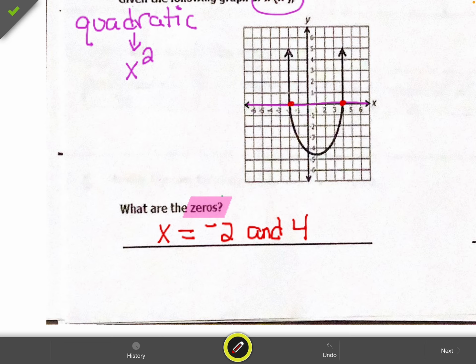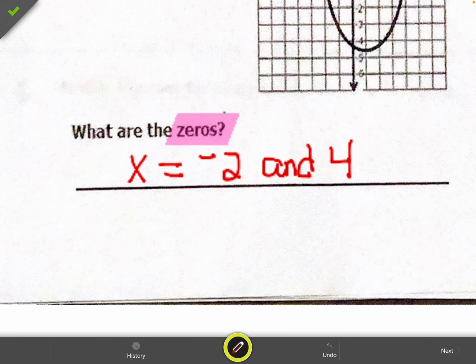So this particular equation would have two different solutions, -2 and 4.